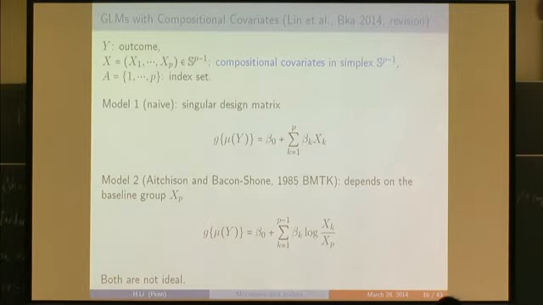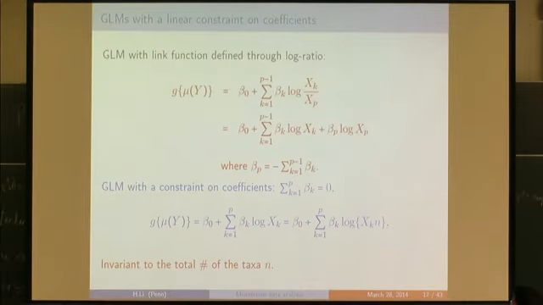But if you expand his log ratio idea one step further by introducing one additional regression parameter, beta P, now you're back to P regression coefficients, but you have to put a constraint on the regression coefficients. The constraint is very simple: the sum of the betas has to be 0. Now the interpretation is easier.